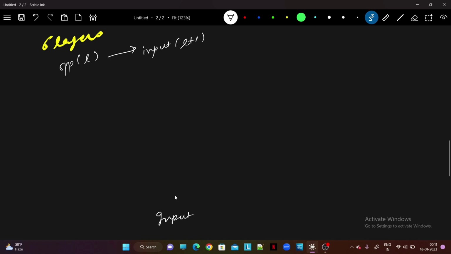There would be embeddings generated from it, input embeddings. Then these embeddings get positional encoding.